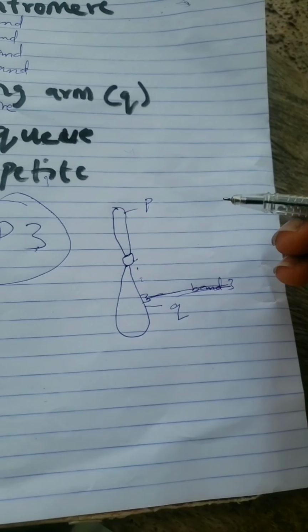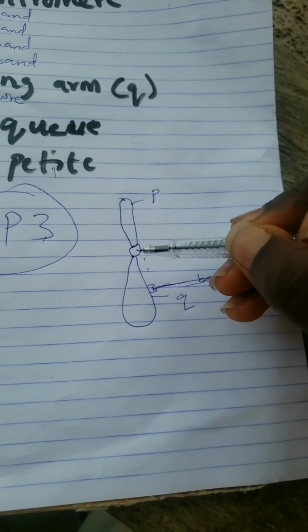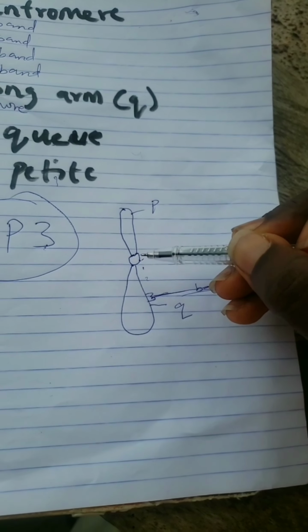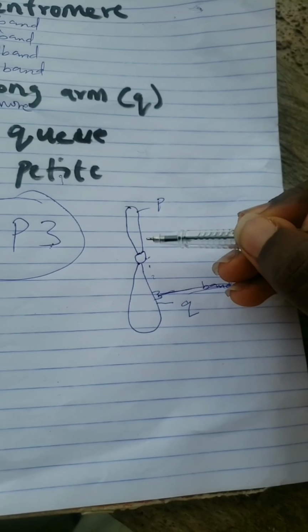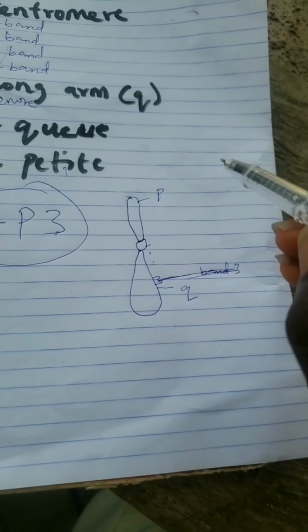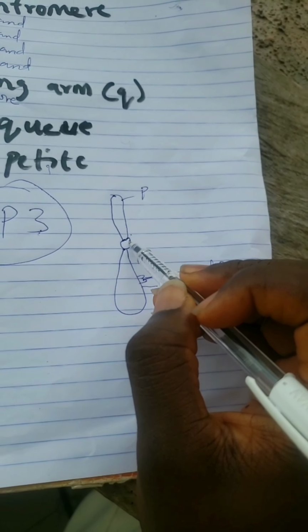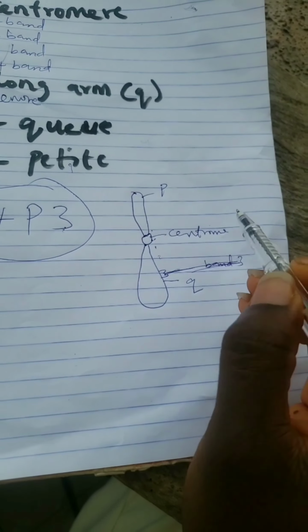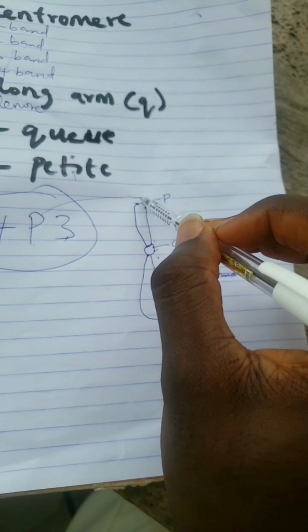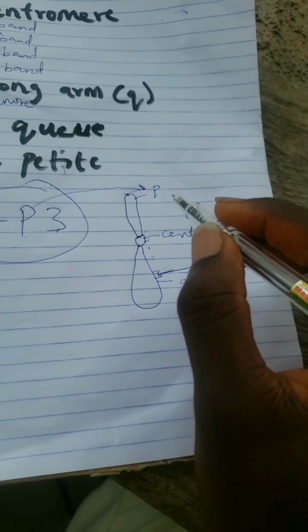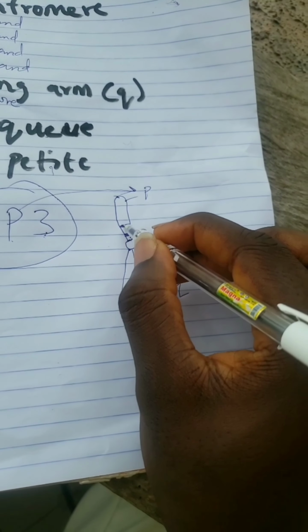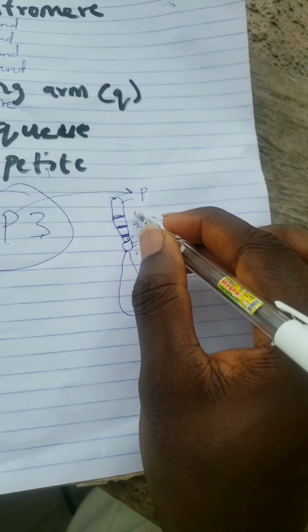Remember that I told you that while naming it, we start numbering from the centromere. We consider the position of the centromere before numbering the bands in the chromosome. So let's start numbering. This is the centromere, and we're only working with the P arm. Here we have our band 1, band 2 here, and band 3 here.